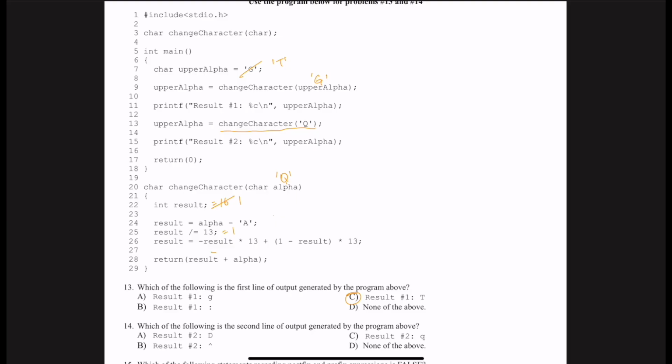So negative 1 times 13 plus 0 times 13. So we're going to return negative 13 plus q, which is going to be the fourth letter of the alphabet. Because we were at the 17th, we're subtracting 13 letters, so now we're at the fourth. So our answer is going to be capital D.